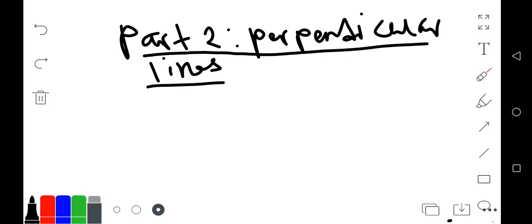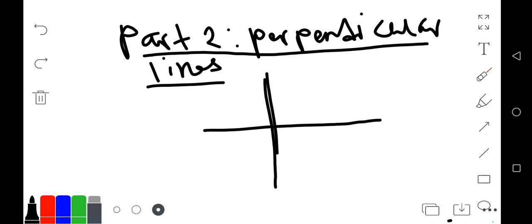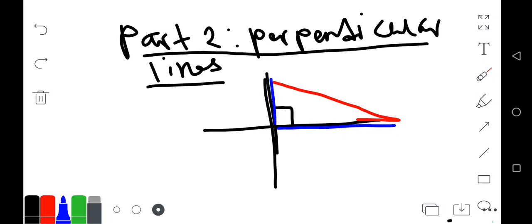So now under perpendicular. When you are looking at perpendicular lines, it simply means that you're going to have lines that are perpendicular to each other, for example, lines that form a 90-degree angle between them. So you can have a line, and this line is perpendicular to this line.